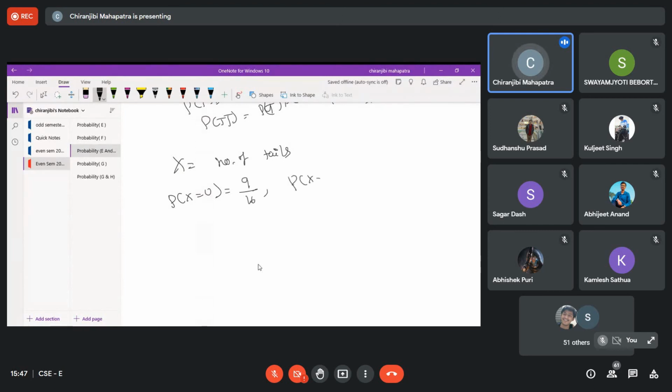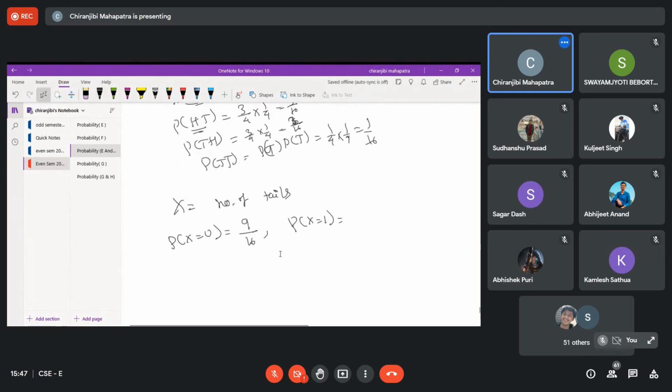Then what is the probability of x equals 1?